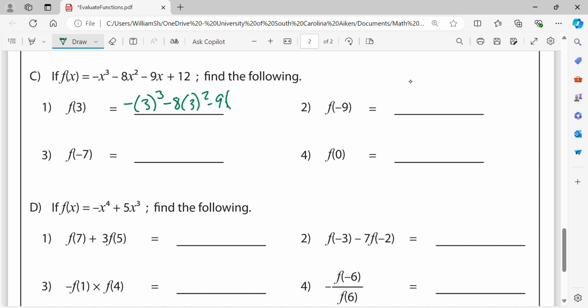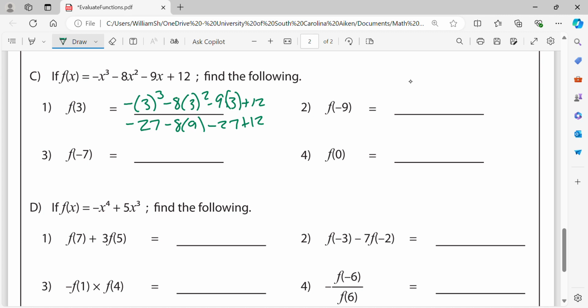So we're looking at negative 3 to the 3rd power. Now 3 to the 3rd power is 3 times 3, which is 9, times 3, which is 27. 3 squared is 9. Negative 9 times 3 is negative 27. And then I have that plus 12 sitting there.